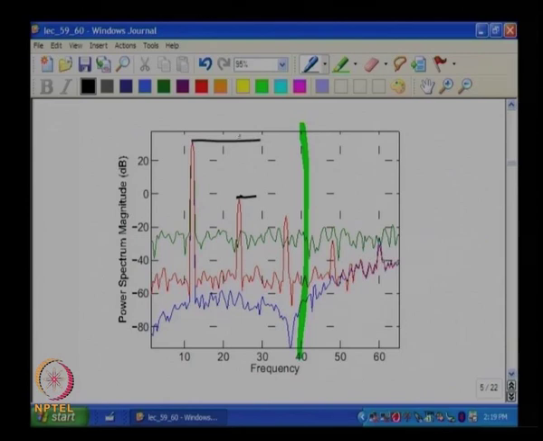So, pretty much the SNDR will be the ratio of those two, because the rest of it is so small compared to this spike that it does not really effectively add to anything in the noise plus distortion term. Does it make sense? Alright. So, with randomization you have greatly improved the situation with respect to not doing anything at all, right.